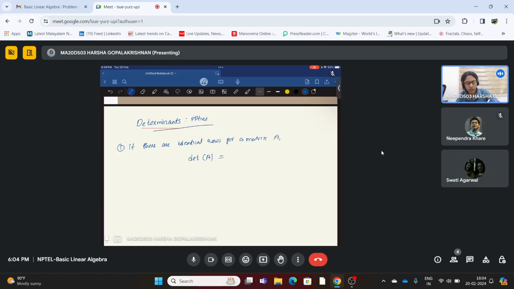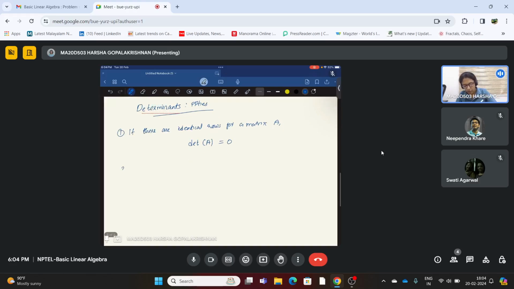Yeah, determinant of A will be 0. The identical rows means the rank is less than n, where n is the order of A. So obviously, strictly less than n rank means determinant is 0, or actually this is the equivalent condition. Full rank, determinant is non-zero. Rank is strictly less than n, determinant is 0.